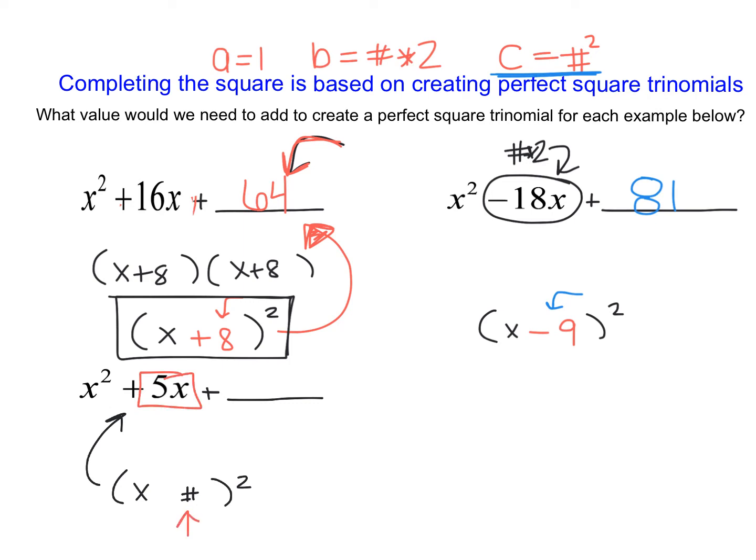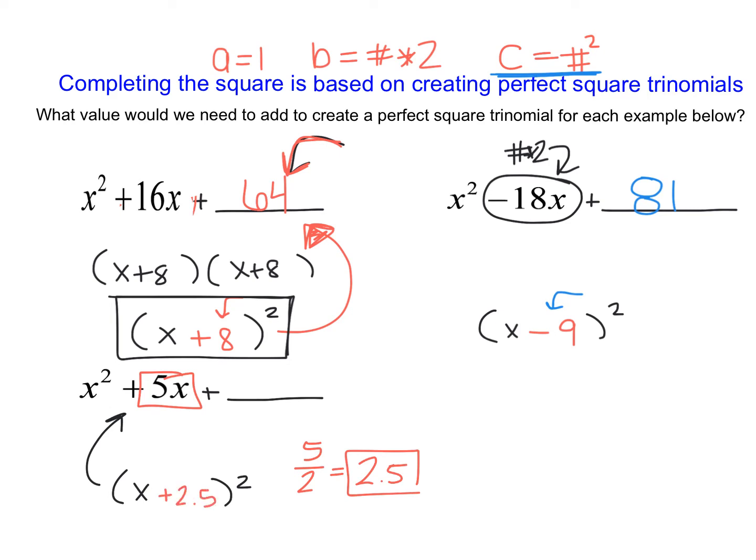So we have to figure out what number times 2 gives us 5. Now if you're thinking that's not a nice number, you are correct, because the number times 2 that gives us 5 is 5 divided by 2, which is 2.5. So what's happening in this particular problem is the number inside of this parentheses here is a plus 2.5.